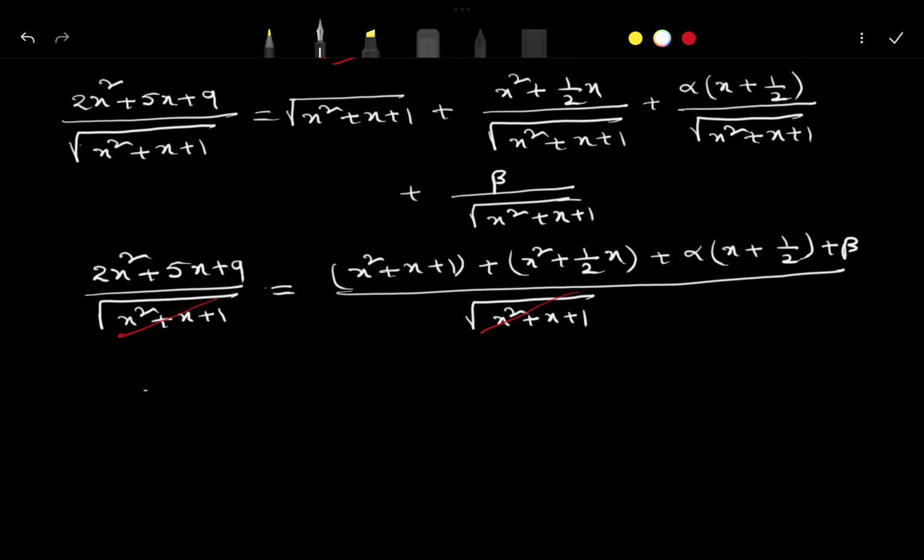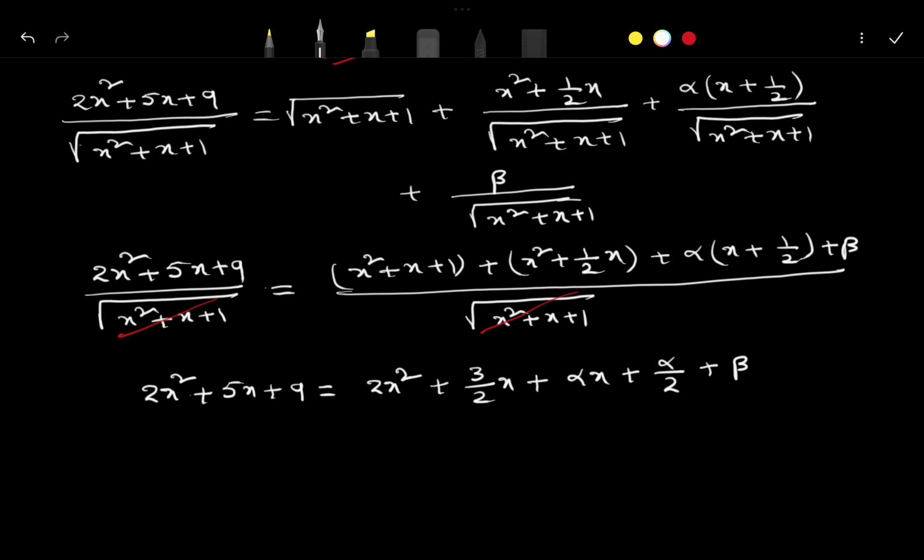The remaining value will be 2x² + 5x + 9 is equal to, on the right side numerator, x² plus x² will be 2x², x plus x/2 will be 3/2 x, plus αx, and the next one is α/2 plus β.